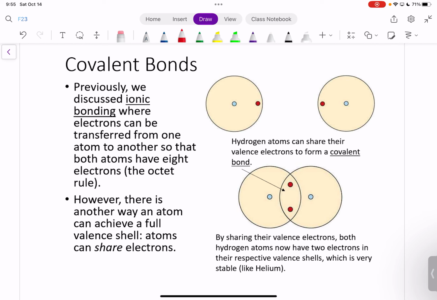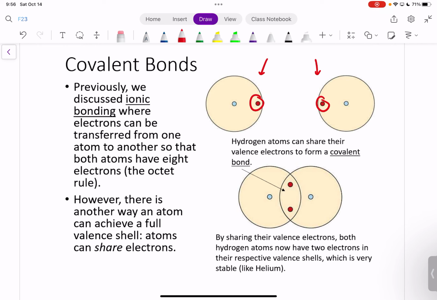So for hydrogen, though, these are 2 hydrogen atoms, they only have that 1 valence electron each. So what hydrogen says is, you know what, I really want to have a full valence shell.